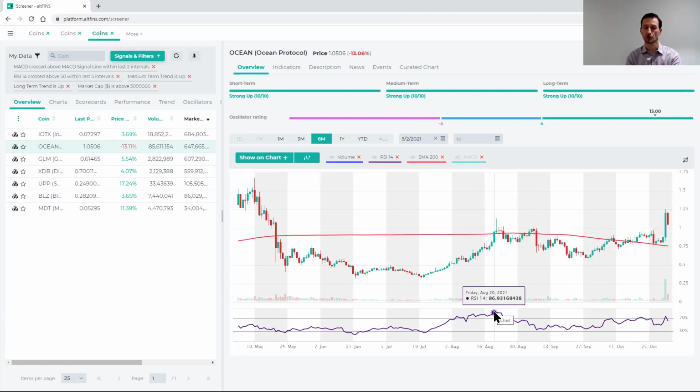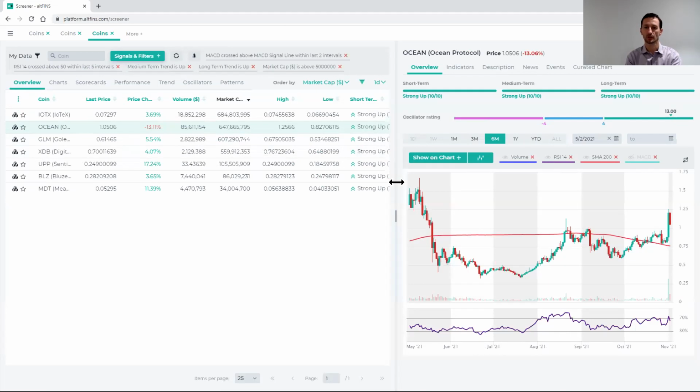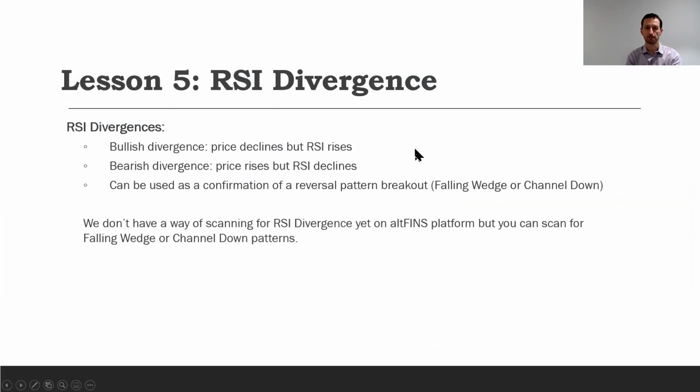That's the logical evolution of price action and the trend of the RSI. If the price is going up, RSI should be rising as well. But there will be times that that's not the case, and those could be important times to pay attention.